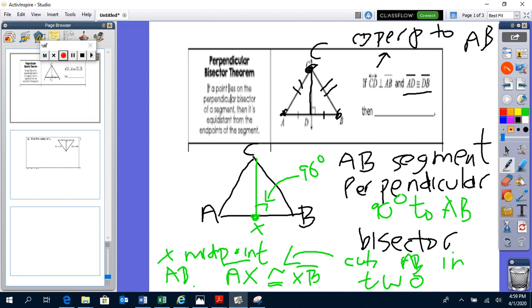In other words, CD is a perpendicular bisector. And what we then know is AC must be the same length as CB. So this is the perpendicular bisector theorem. Okay, let's go on and see how we can actually use this on the next slide.